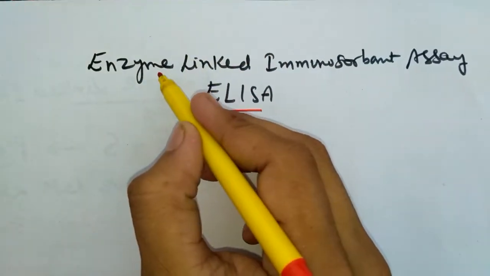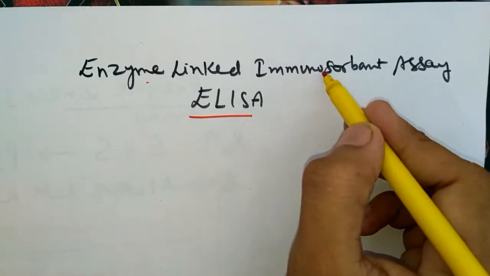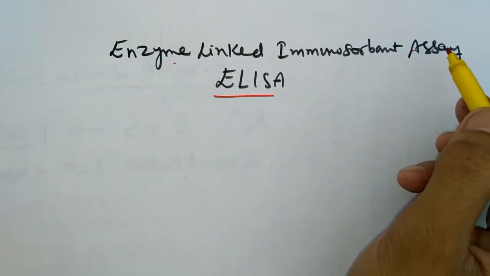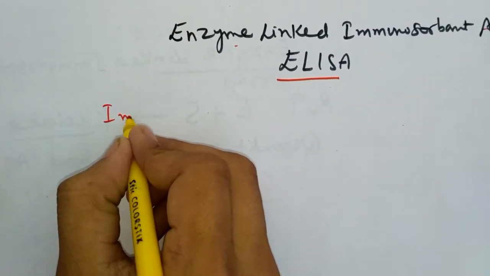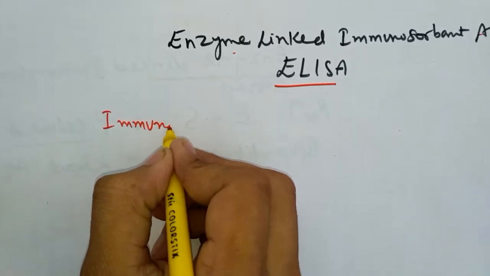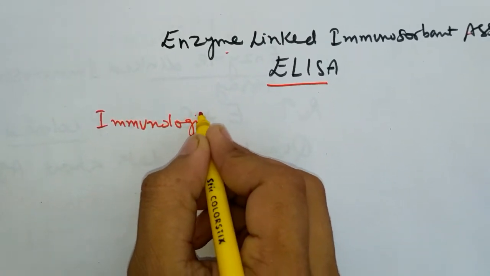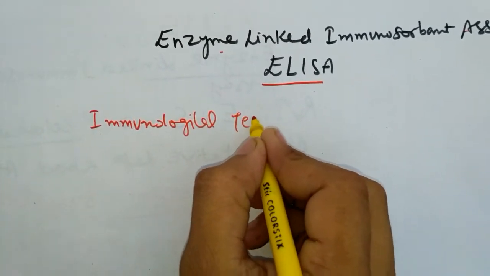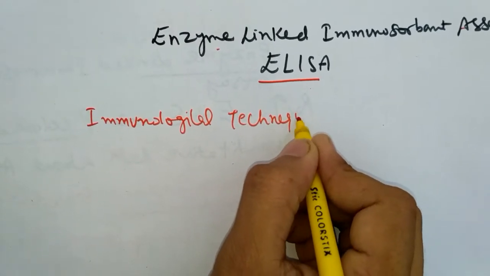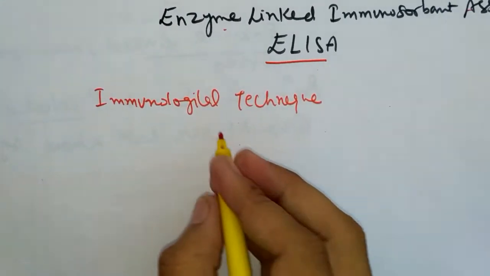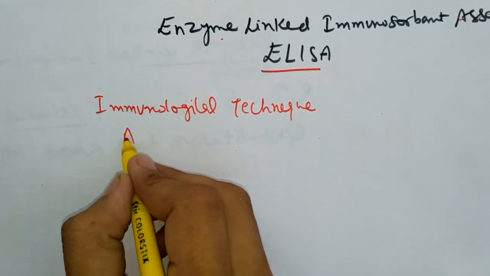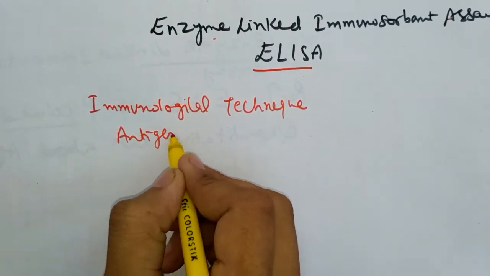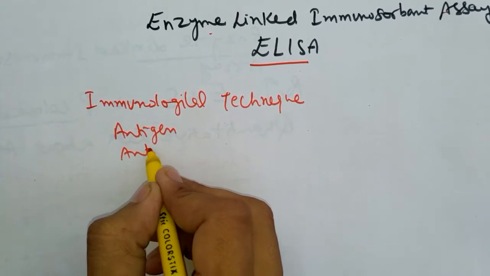It is called enzyme linked immunosorbent assay. It is a type of immunological technique that is widely used to identify different types of antigens and antibodies.